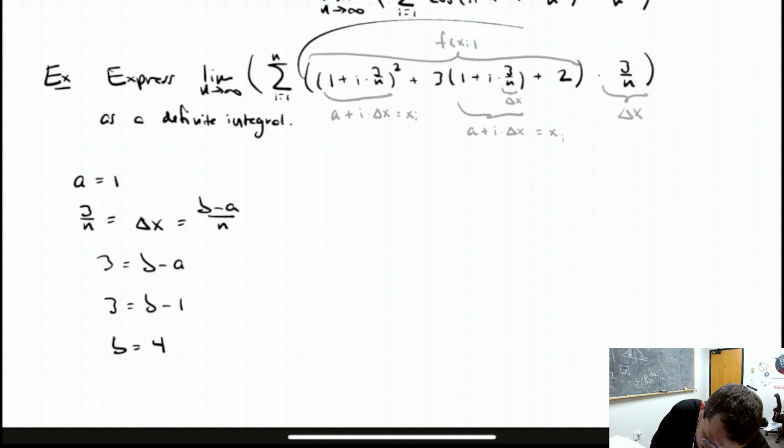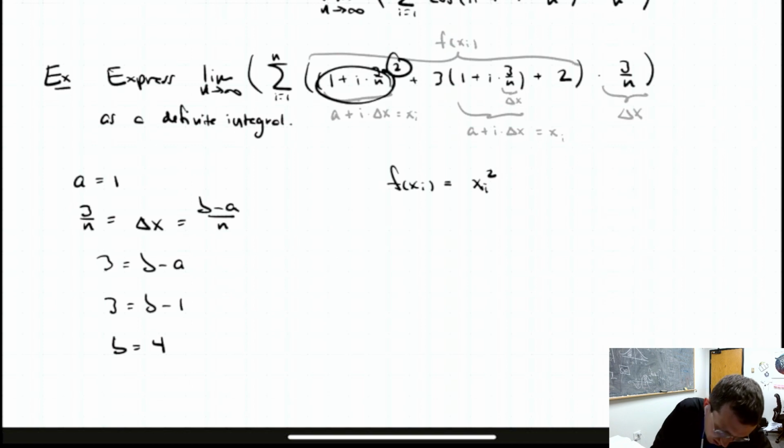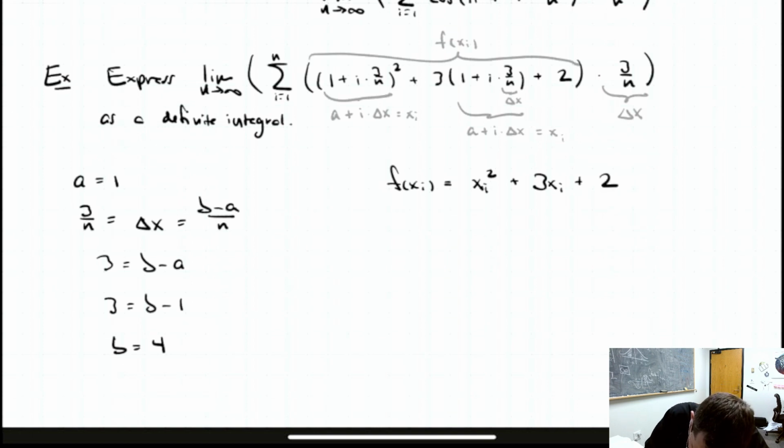And then if this is all my f of xi, I see that f of xi is xi squared plus 3 times xi plus 2. So f of x will be x squared plus 3x plus 2.